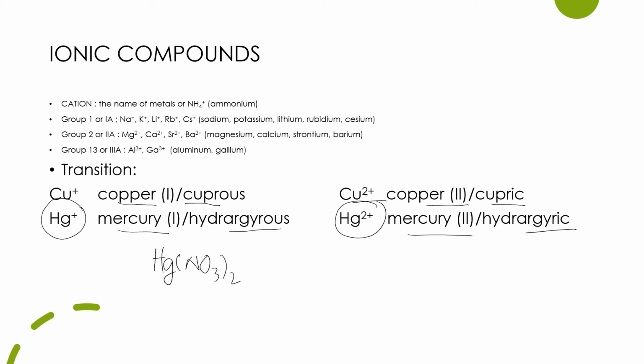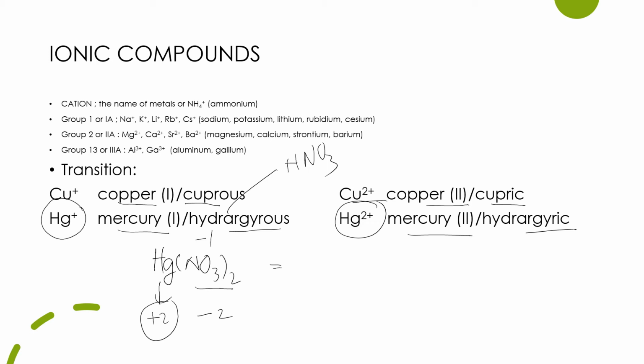For example, we have Hg(NO3)2, because NO3 is -1, from HNO3. Then the value of NO3 times 2 is -2, and the Hg is +2. So the Hg oxidation state in Hg(NO3)2 is +2.